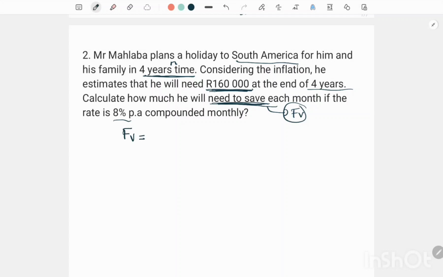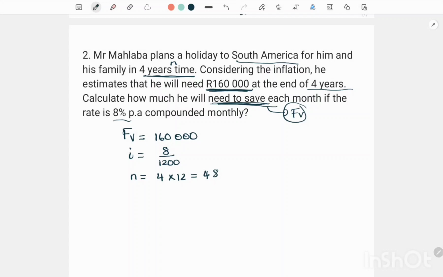The future value there is 160,000, and the interest there is 8%. So I'm going to say 8 over 1,200. Then my n is 4, and I'm going to multiply by 12. Then I get 48. So he will need to make 48 payments.